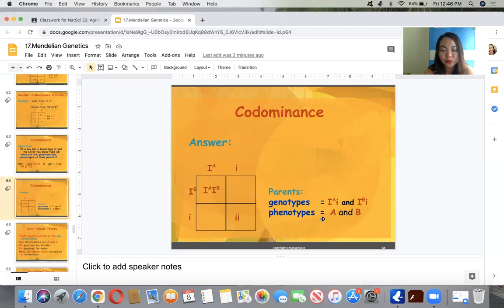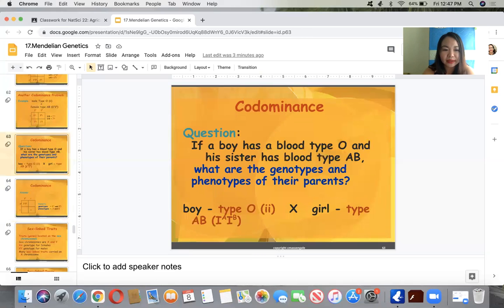the parents would have a genotype of, because when you cross the IA and IB, you have A and B. So the phenotypes are A and B, because you have type A and type O, right?